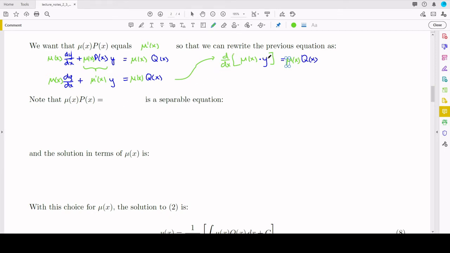And then we would integrate both sides here, get mu of x times y, divide by mu, and we can solve for y.